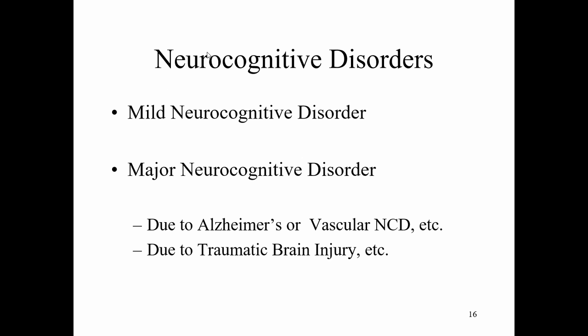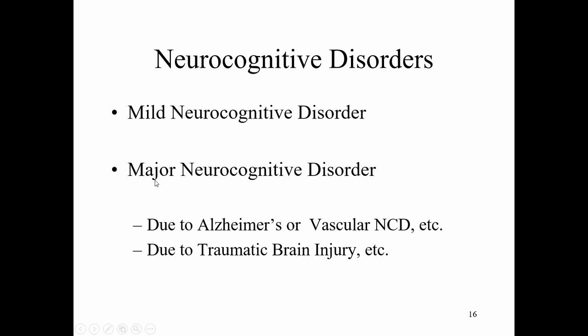So, two neurocognitive disorders included there are called mild neurocognitive disorder. This one, there is a decline in cognitive abilities that is noticeable, that is significant enough to affect the person's functioning day to day. However, it is not so severe that the person then needs assistance from others.